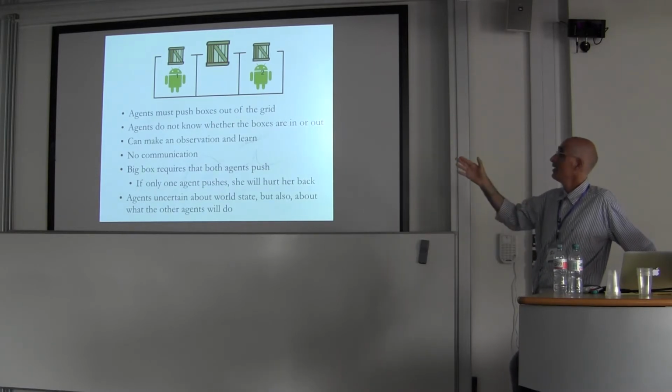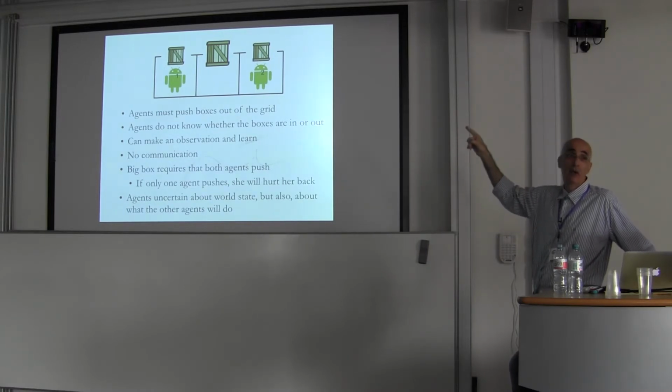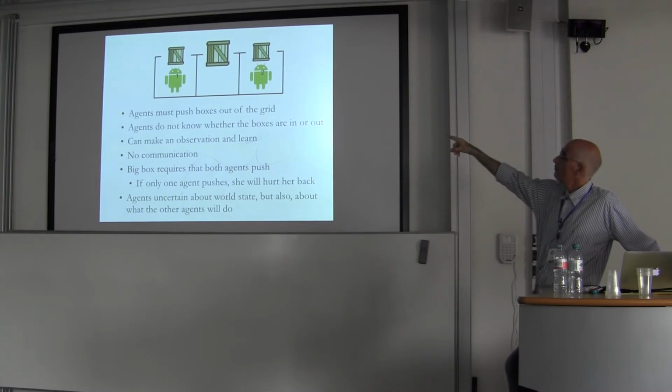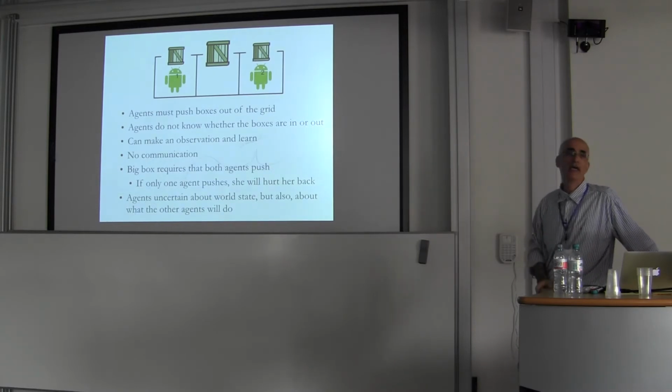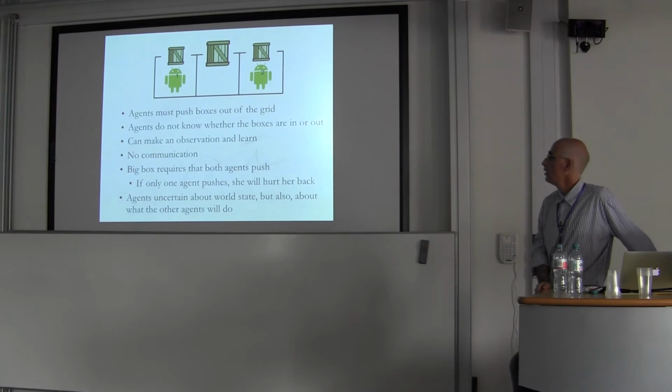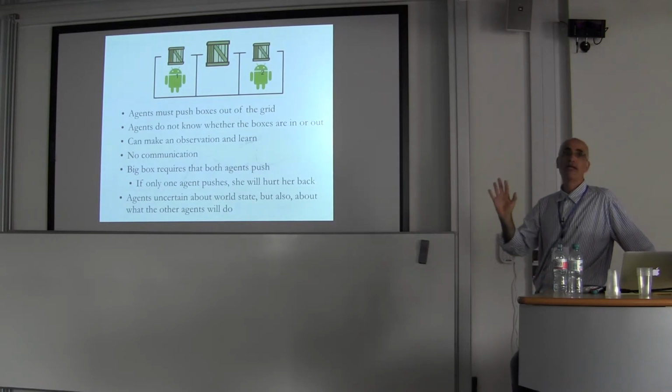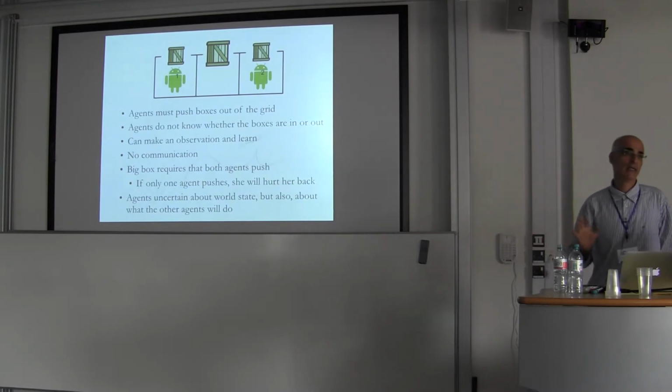What they can do is move right and left. They can observe whether the box is in or out in their current location, and they can push the box. Now, the small boxes, one agent is sufficient to push, but the big box requires both agents to push it in order to take it out of the grid. And if only one agent pushes it, it will hurt its back.